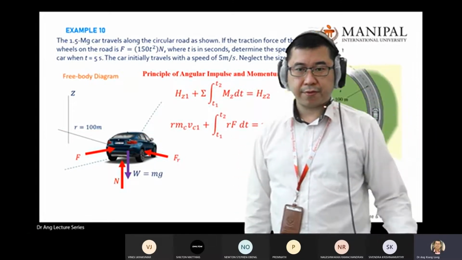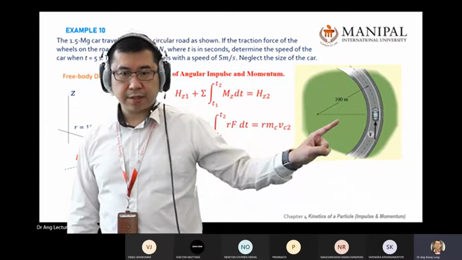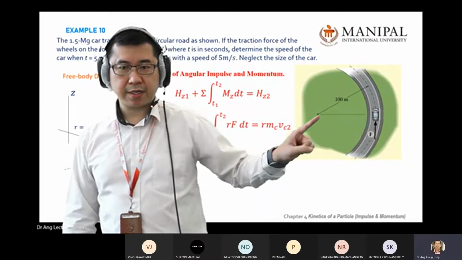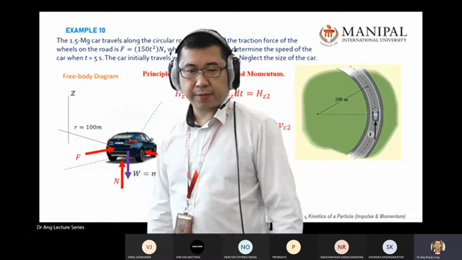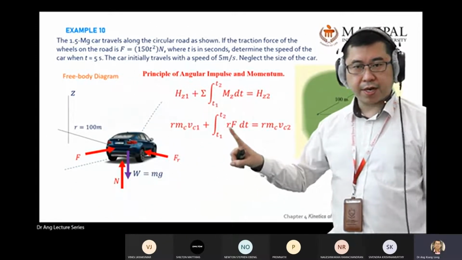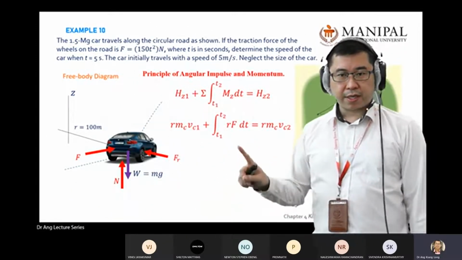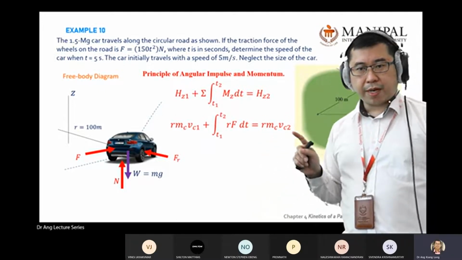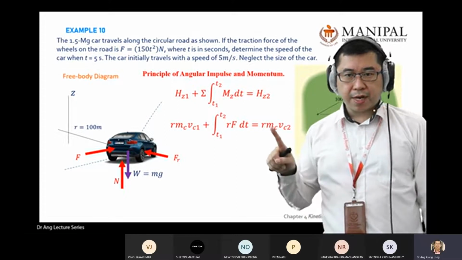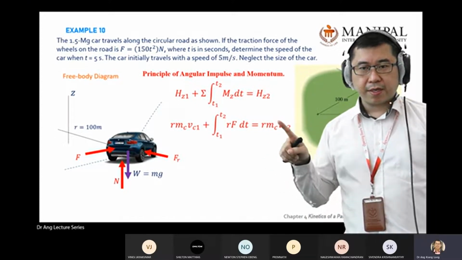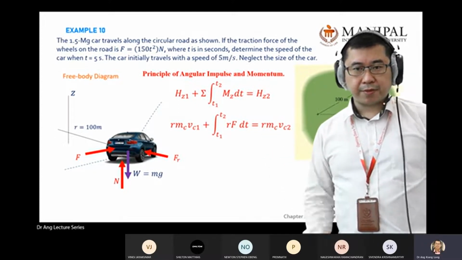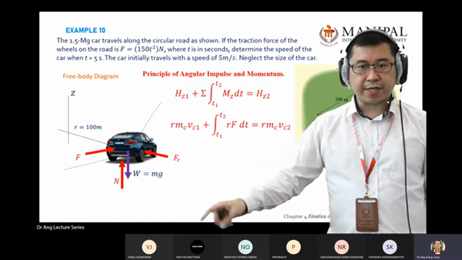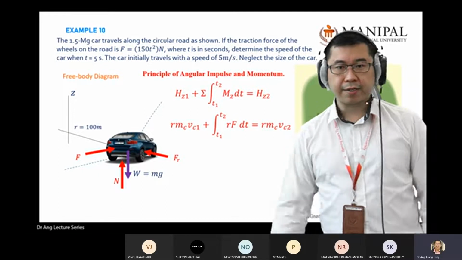F multiplied by the distance, you get a moment. That's why here you see R times F equals the moment of momentum, R multiplied by momentum, RMV. C just represents the center of my object.